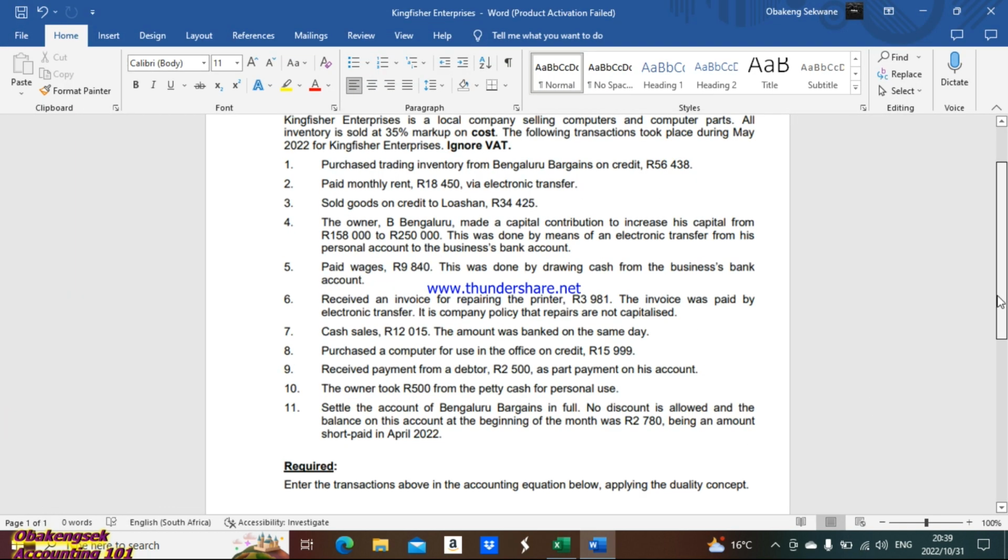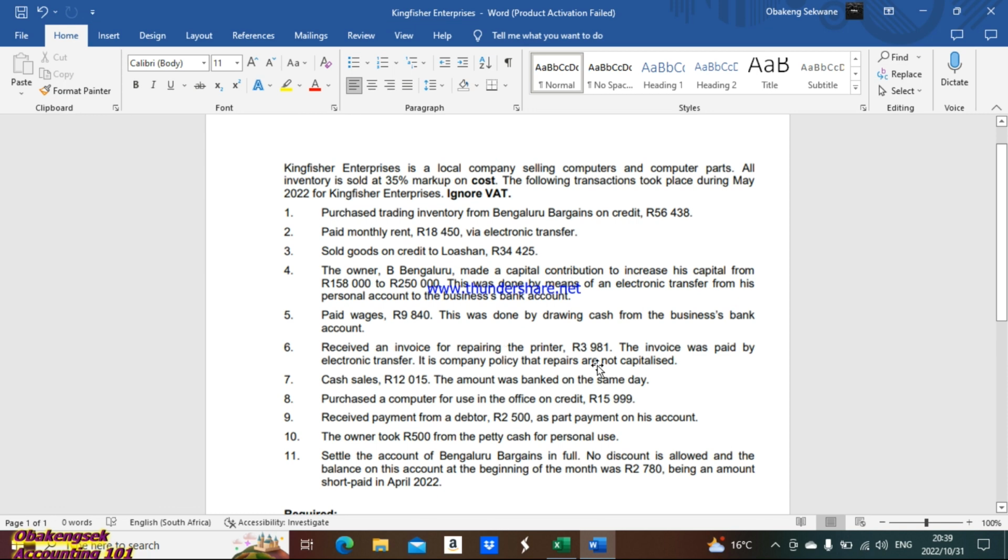When we go back to our questions, anything that's on credit does not go to the bank. Remember that whenever we buy or sell stuff, the money goes to the bank. But if it's on credit, it does not go to your bank. When you buy on credit, that means you owe this person. Those are our creditors, and that's our accounts payable, the account we have to pay because we bought on credit.